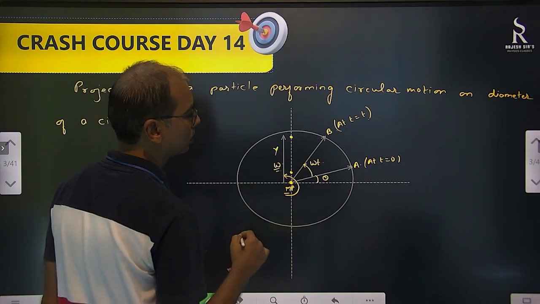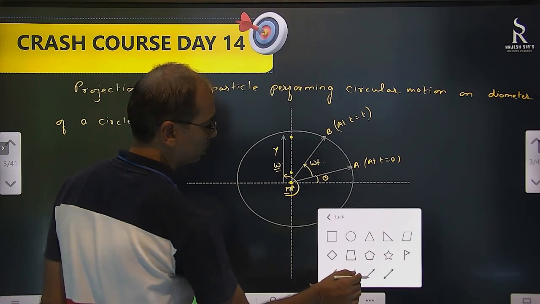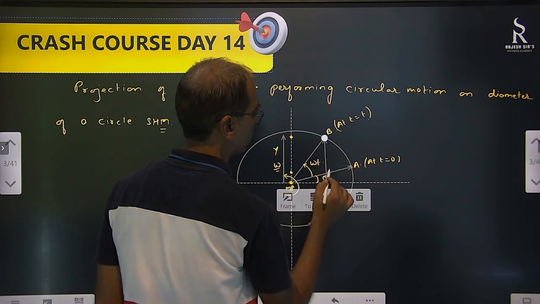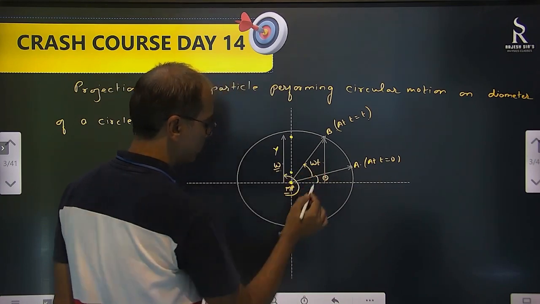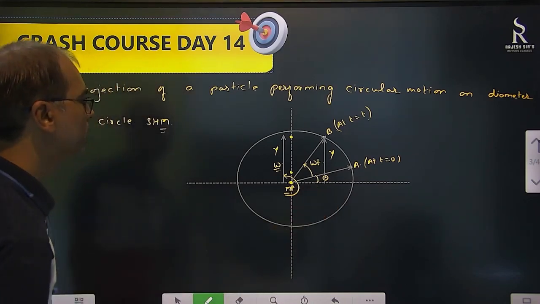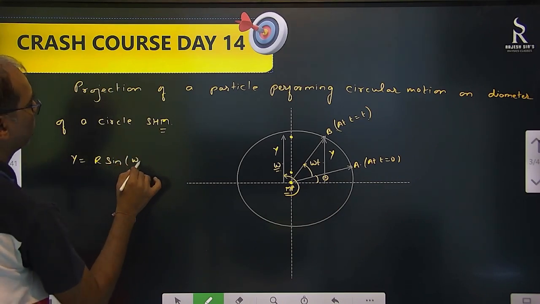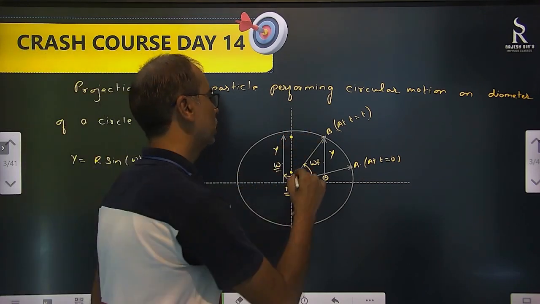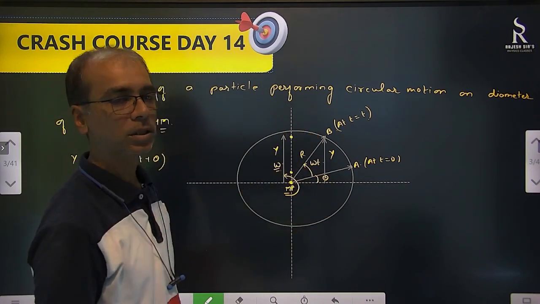This is exactly equal to this value here. If this is y, so is this. So in this triangle, I can say y is equal to r sine of omega t plus theta, where r is the radius and this angle is omega t plus theta.